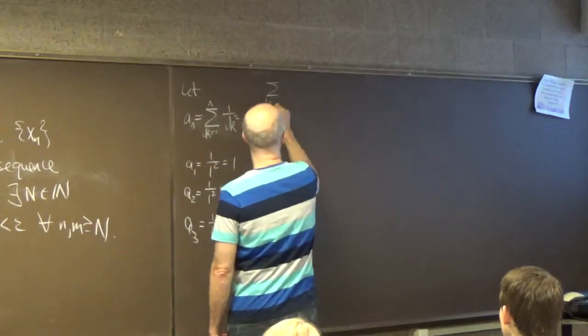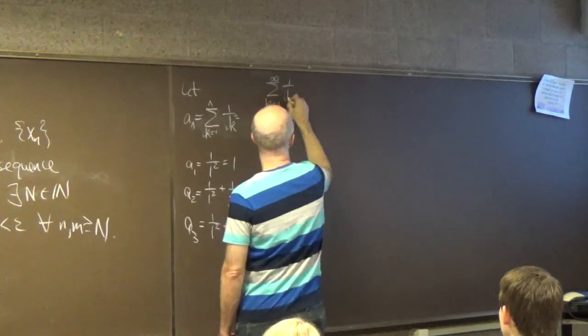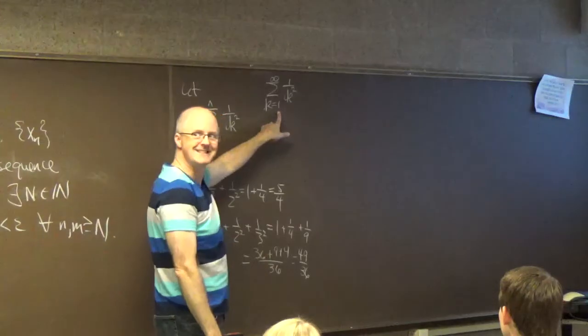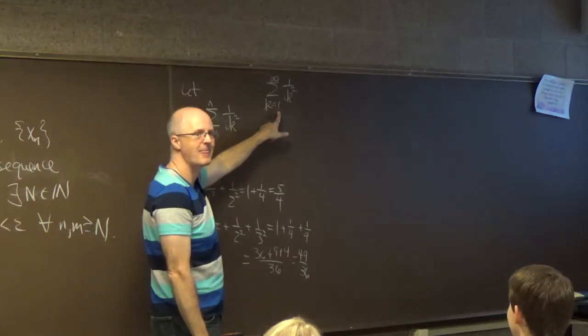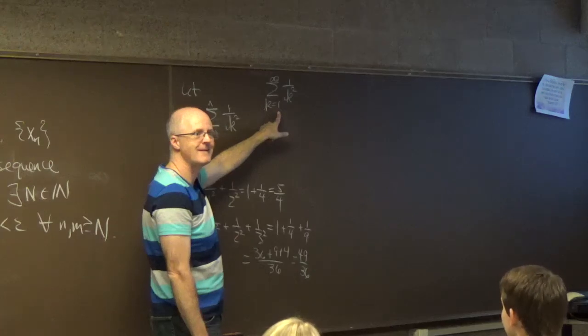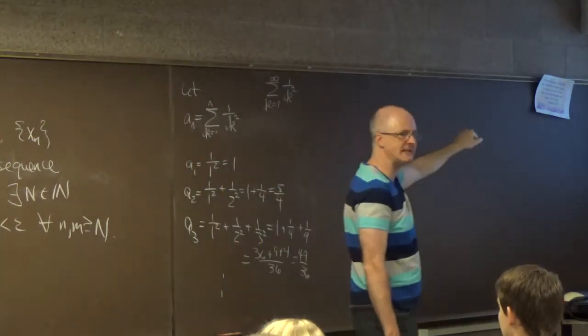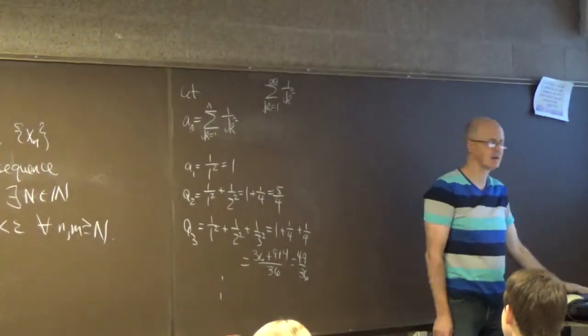It's related to the infinite series, where you let k go to infinity. Does anybody remember if that converges or not? Anybody remember? It does. It's called a p series with p equal to 2, and when p is bigger than 1, you get a convergent p series.